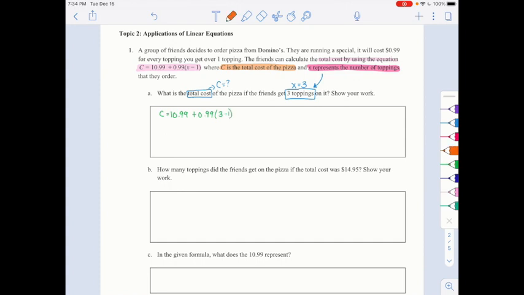And then I'm going to simplify using PEMDAS. So I'm going to simplify my parentheses first.